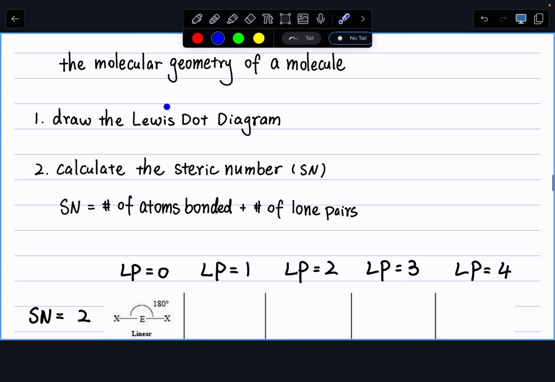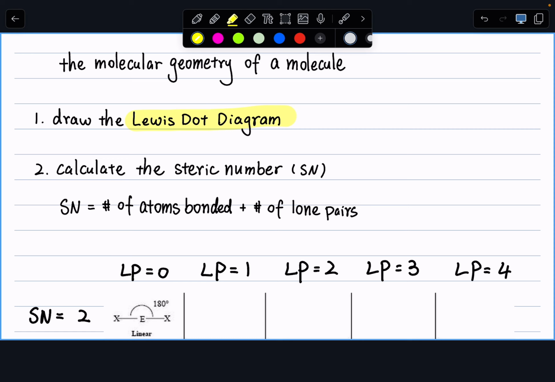First, you draw the Lewis dot diagram to determine the connectivity between the atoms. Remember the Lewis dot diagram, we went over that together. You'll also get more practice in the discussion worksheet, which gives you a molecular formula. How do you identify the connectivity of the atoms?